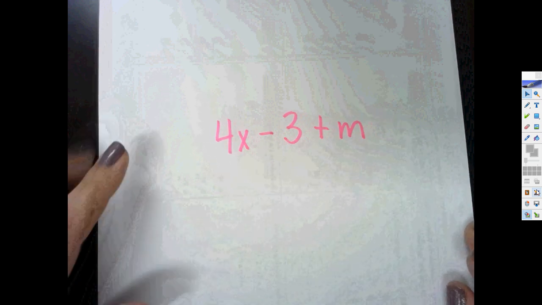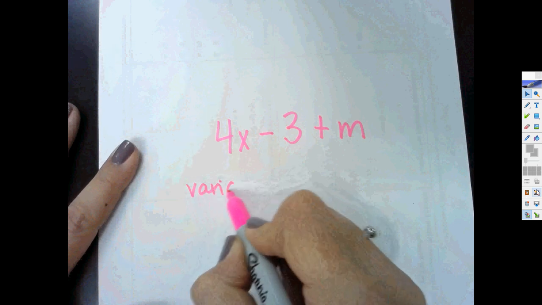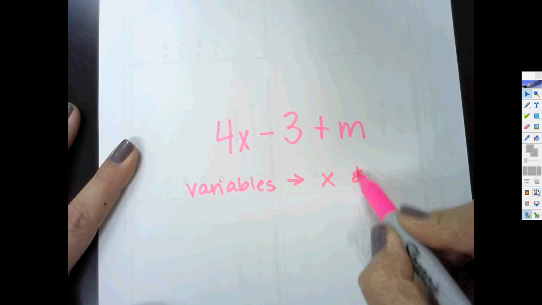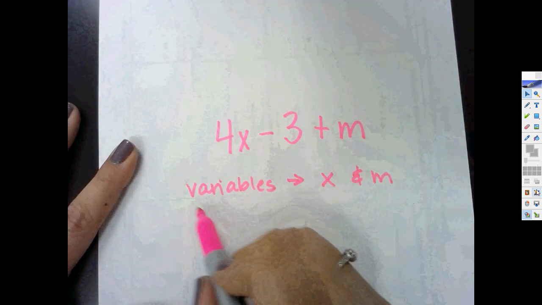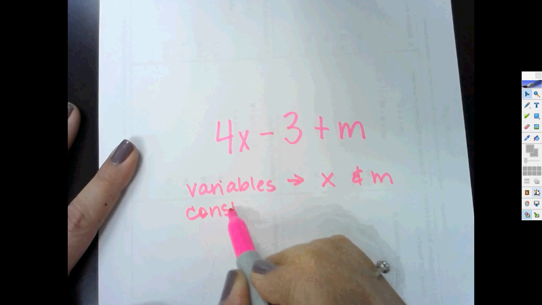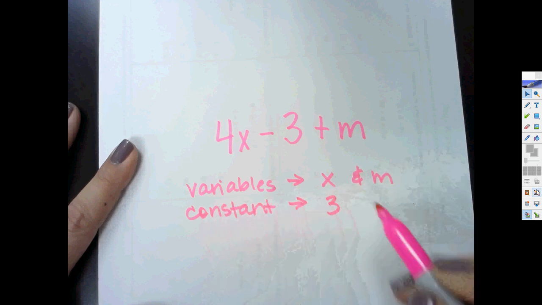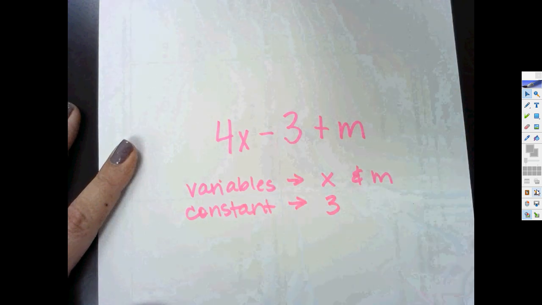Okay, in this expression, my variables would be x and m, just the letters. My constant would be 3, or in this case, technically, if I add the opposite, it would be a negative 3, a minus 3.